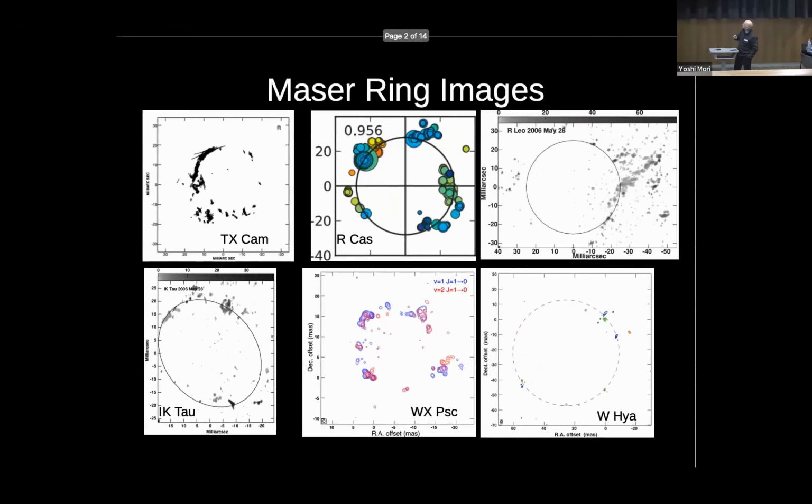So SiO masers in AGB stars, at least for the J equals 1 to 0, 2 to 1, maybe 3 to 2 in the lower vibrational states, they tend to form in these ring structures. Some examples here, there are different ways of representing these things.